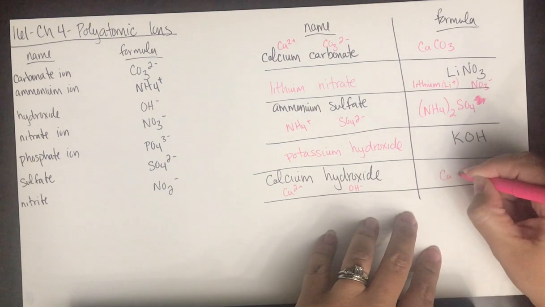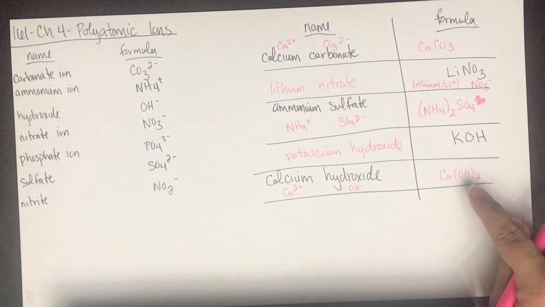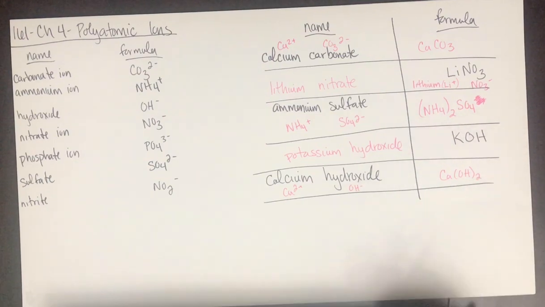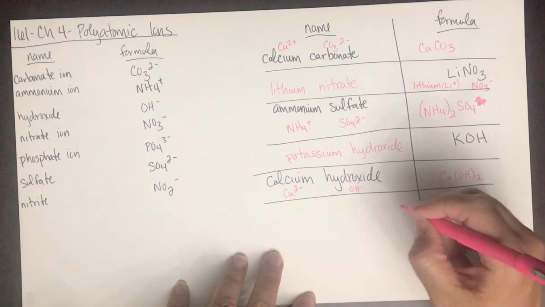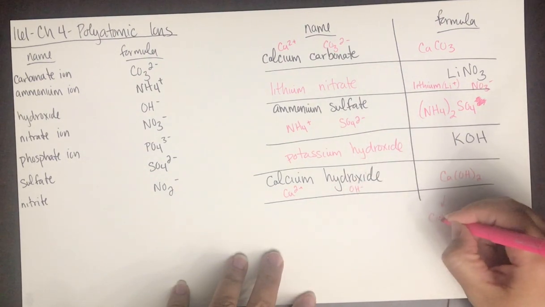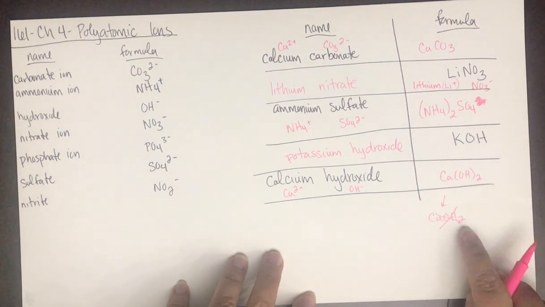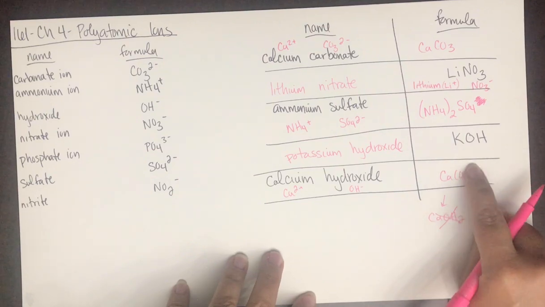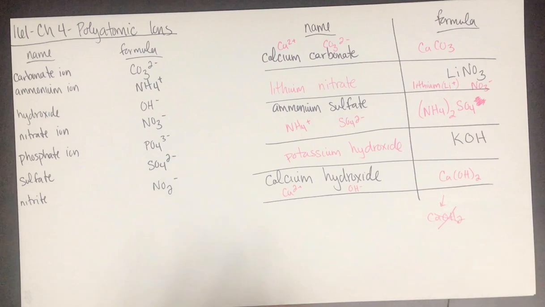So it's Ca(OH)2. You have to put parentheses around the polyatomic ion so that it's understood that you have two of those hydroxides. If you wrote CaOH2, this would be wrong because this would mean you only had two hydrogens. You need these parentheses to say you have two hydroxides, which is the OH-.